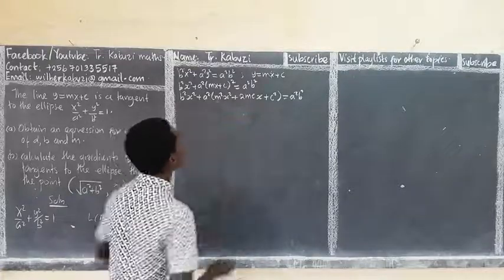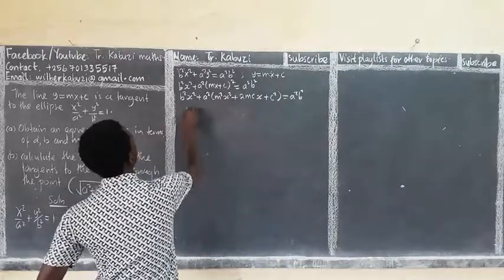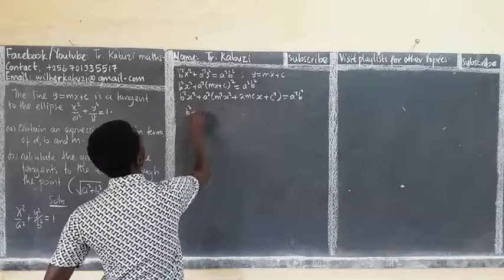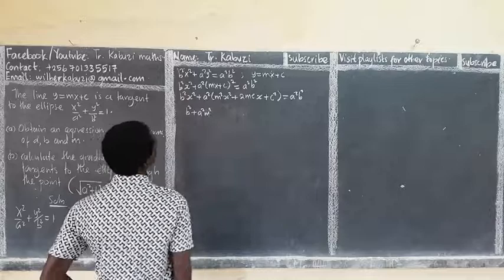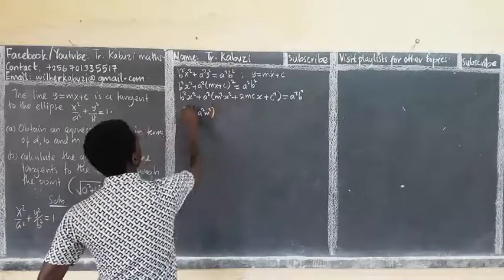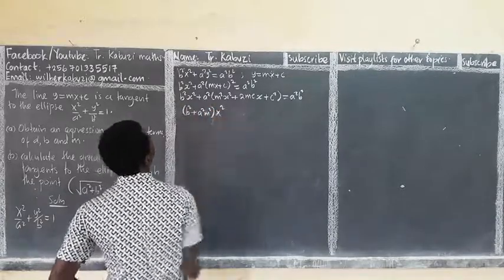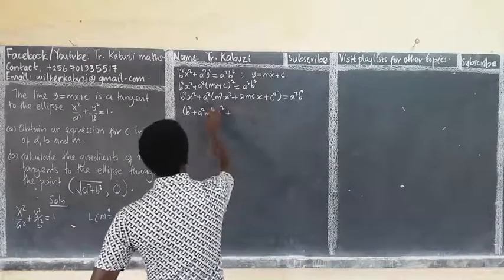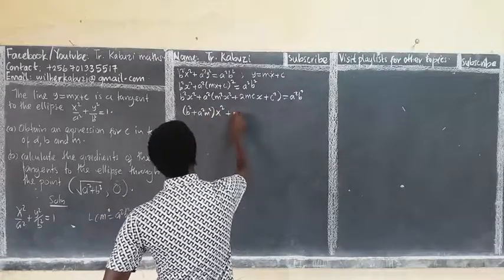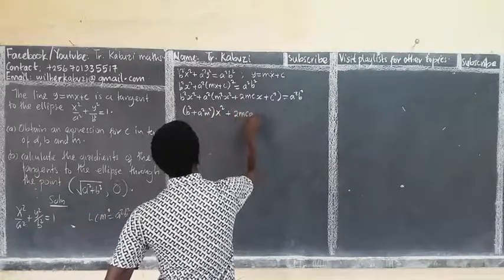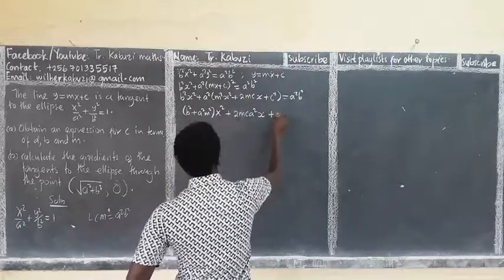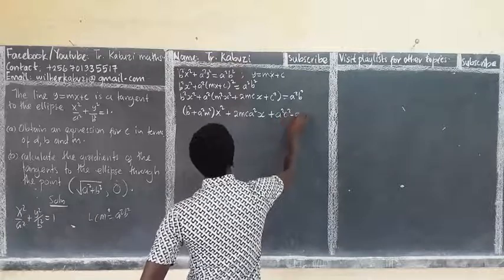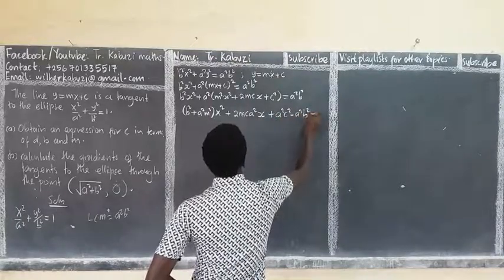When I open brackets, I have b squared plus a squared m squared, the whole of this multiplying x squared, then plus 2mc a squared x, then plus a squared c squared minus a squared b squared equal to 0.